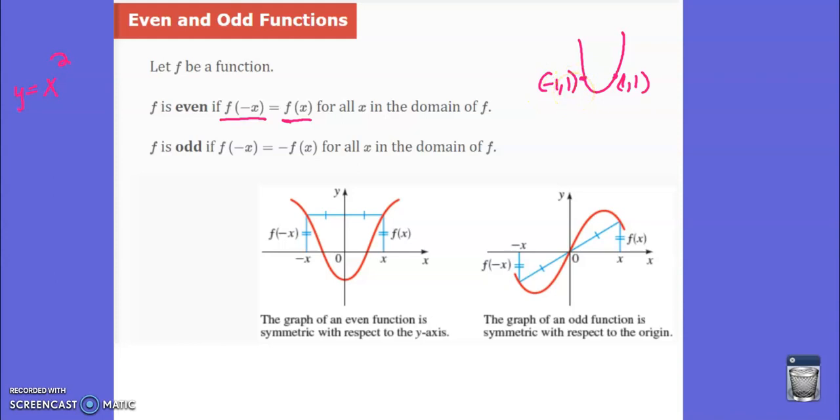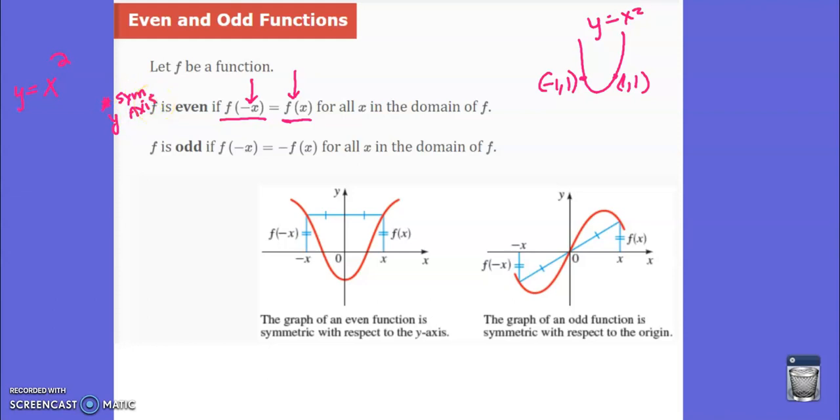So it's reflective about the y-axis, the normal parabola y equals x squared. When I substitute negative x in, I end up getting f of x, the same function. So an even function is symmetrical about the y-axis. If you want to make yourself a comment, it's symmetrical about the y-axis.